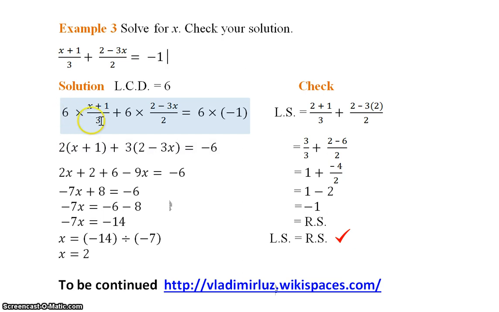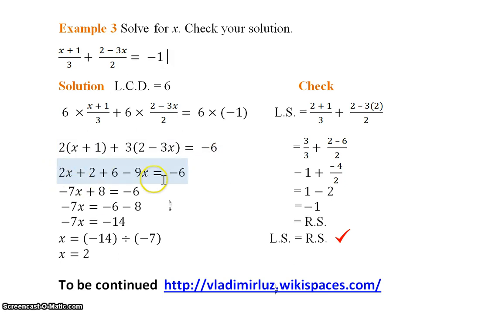6 divided by 3 is 2, so this term would be 2 times (x plus 1). 6 divided by 2 is 3, and we have to multiply 3 by (2 minus 3x). 6 times -1 is -6.